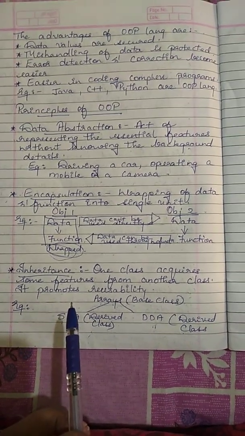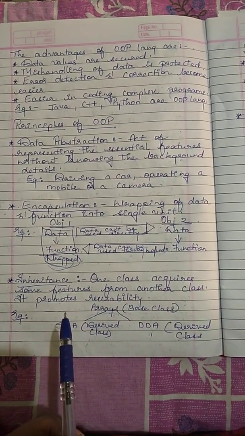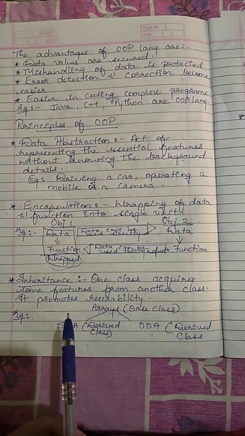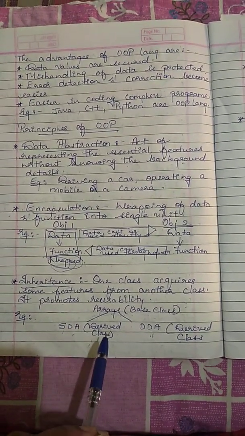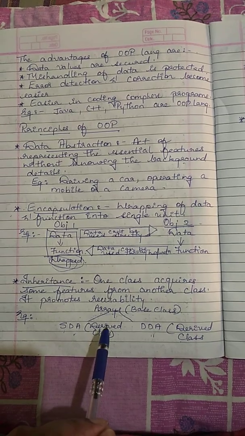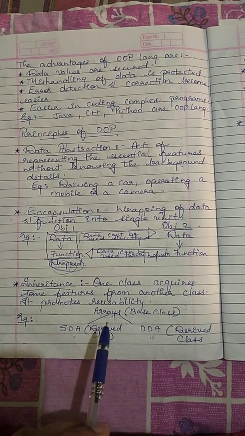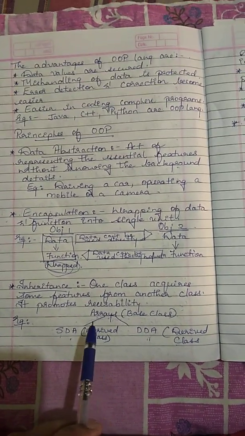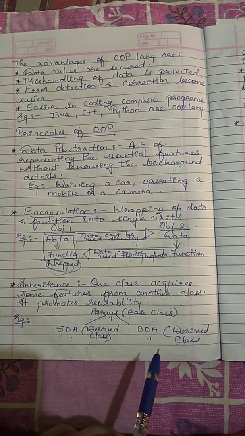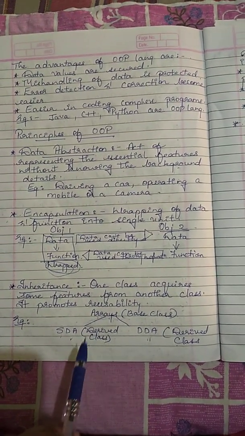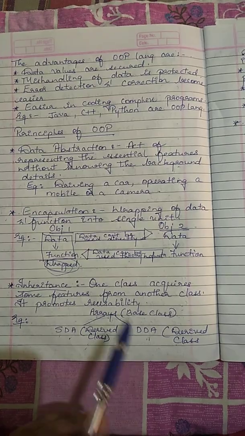Now you can take one more example, your own class standards. Okay, you are from standard 10th. Your standard 10th becomes the base class, whereas standard 10th A and standard 10th B are the derived classes from the base class.